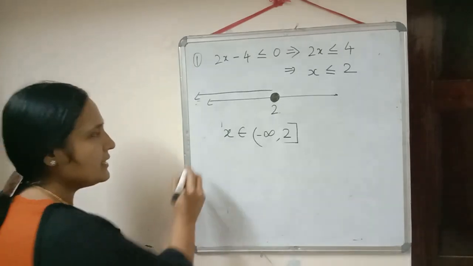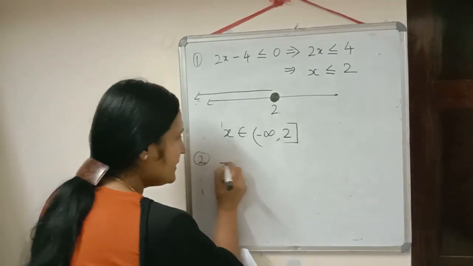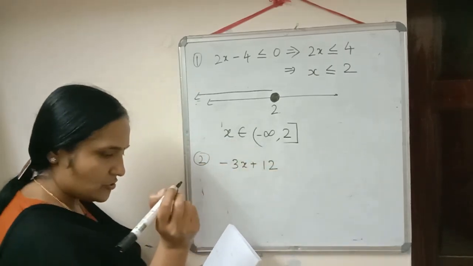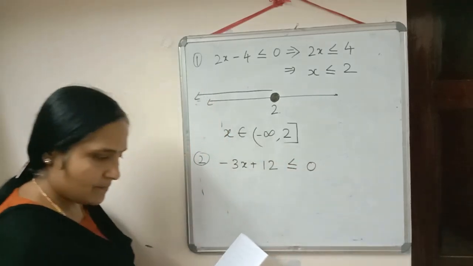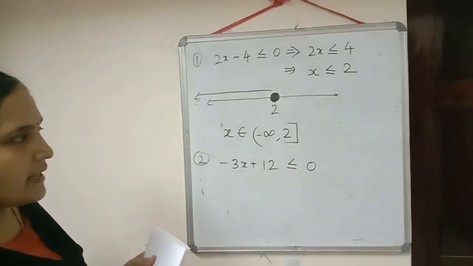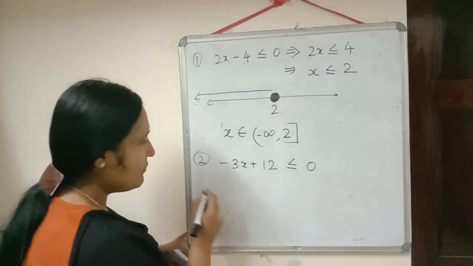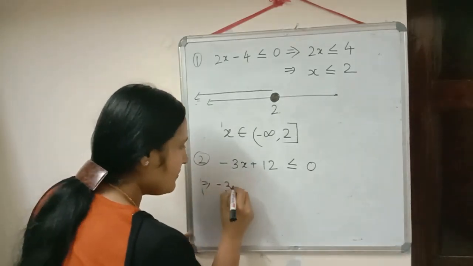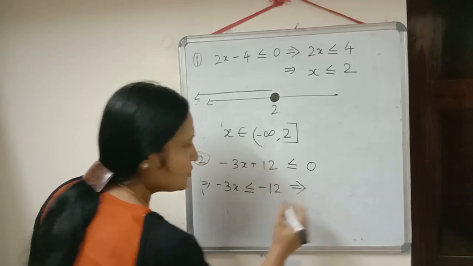Okay. Now write down the second one. Second question is minus 3x plus 12 less than or equal to 0. So first what we will do? We will shift that 12 to right hand side. Then it will come minus 3x less than or equal to minus 12.